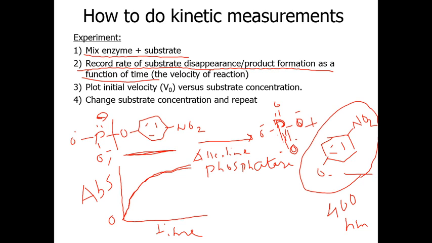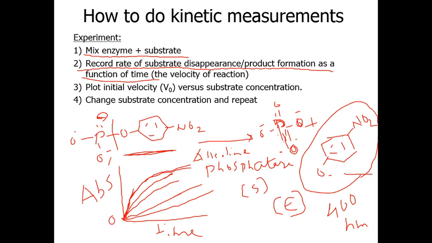Now, if you do this at one fixed concentration of a substrate and enzyme, right, you would see this one curve. Now, if you do this at lower substrate concentration, you will have these kinds of curves. Now, what you're looking for is the initial rate.